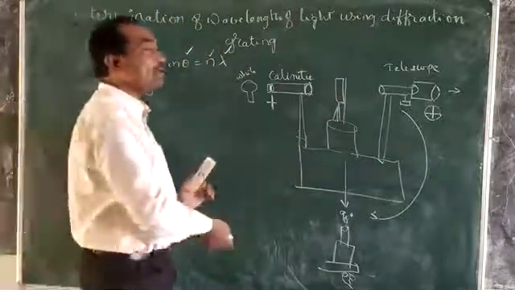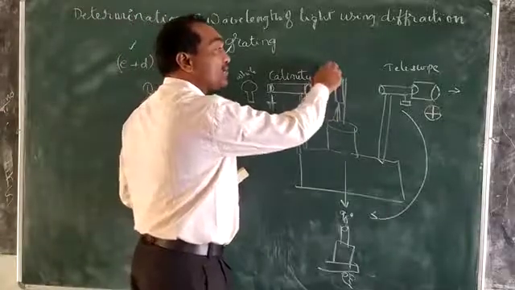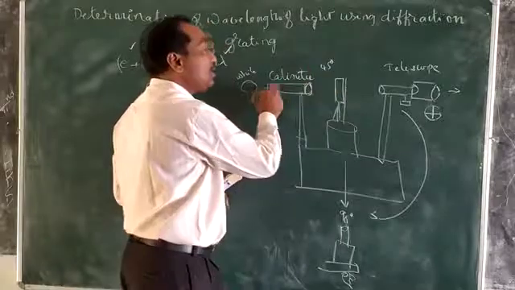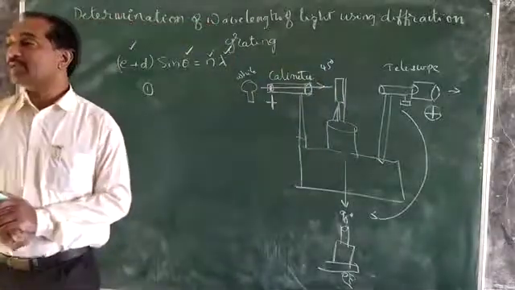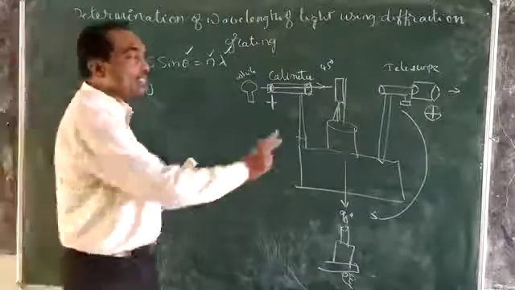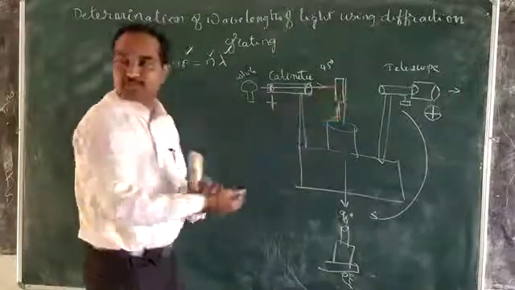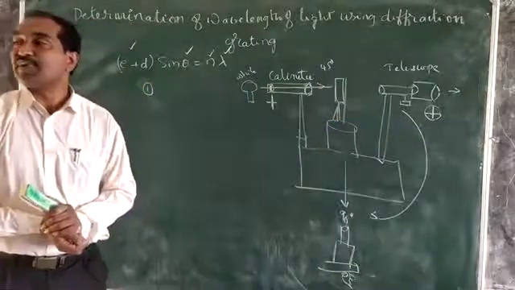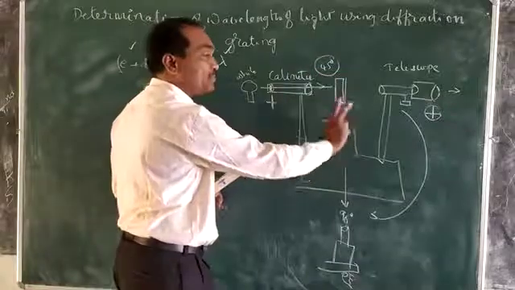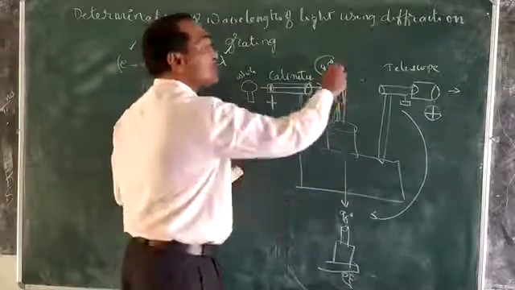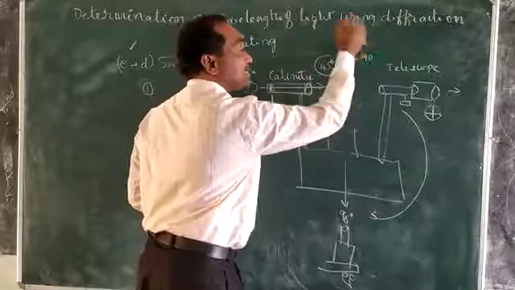At this moment, the diffraction grating makes 45 degrees with the incident light. Now we will rotate the prism table one more 45 degrees, so that 45 plus 45 degrees is equal to 90 degrees.